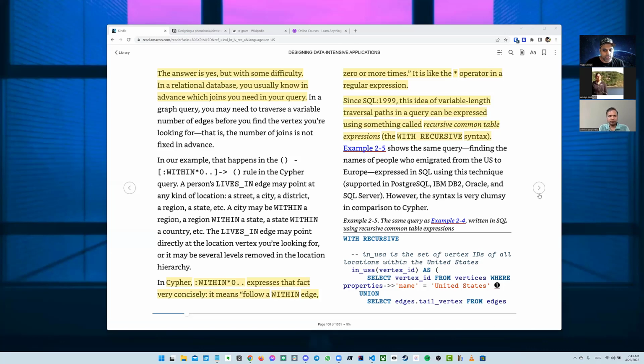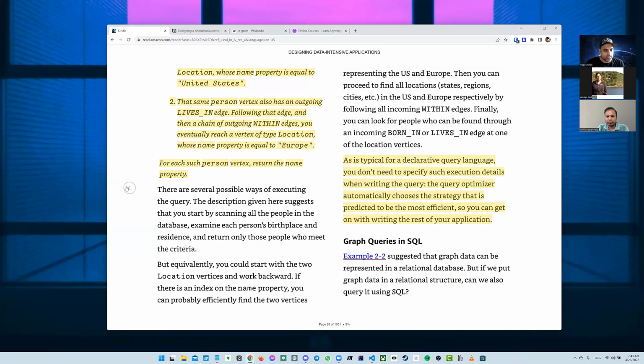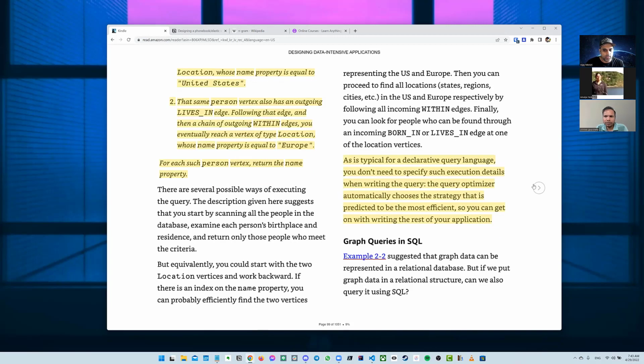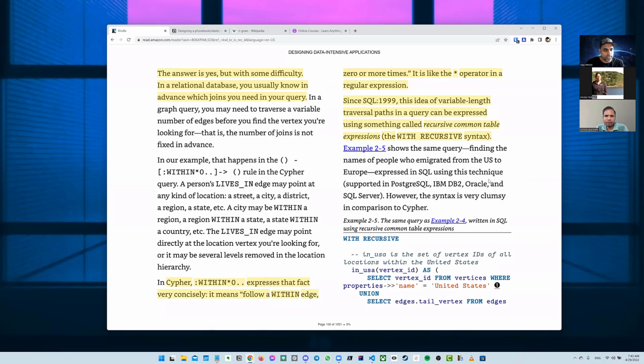Okay, so we're almost done with chapter 2. The last time we were on chapter 2, we were looking at Cypher, which is how you would use Neo4j or Cypher to make queries with graphs. Graphs are another way to model your data. This time around, we're looking at how to make that same query in SQL.